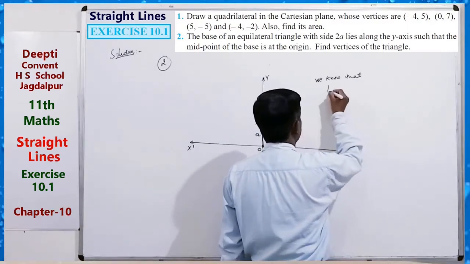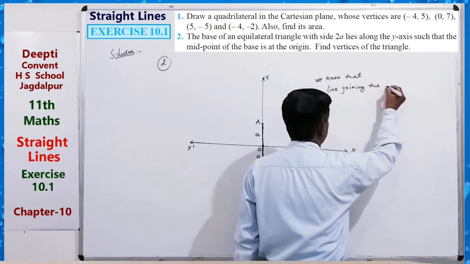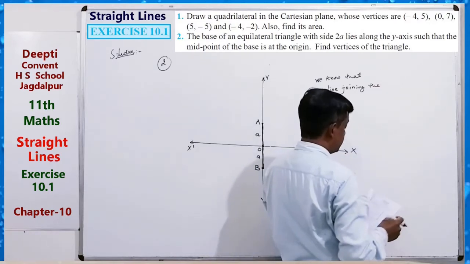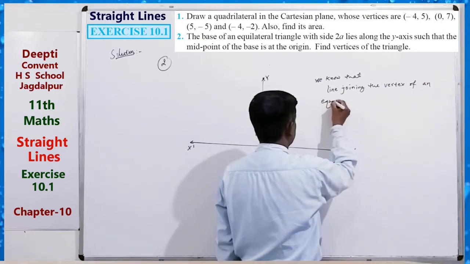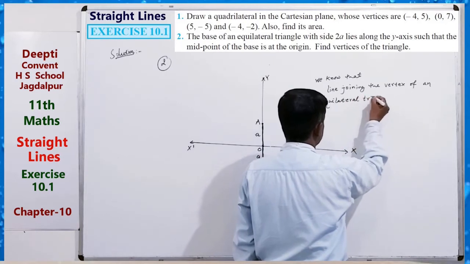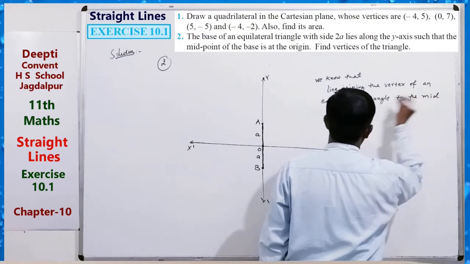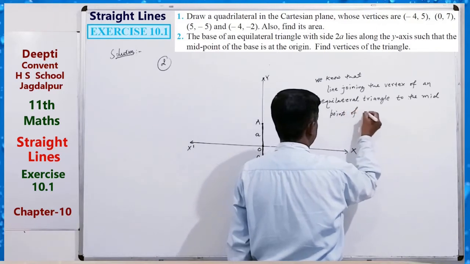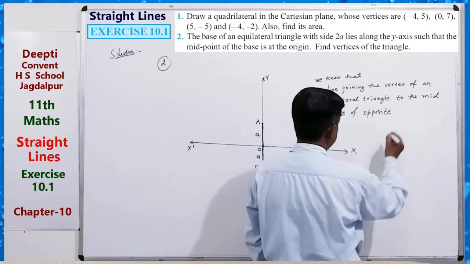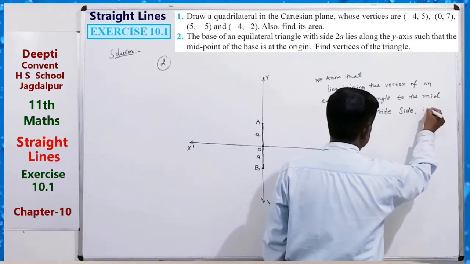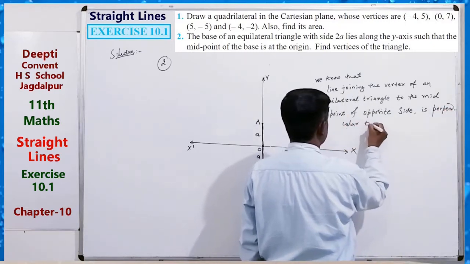We know that the line joining the vertex of an equilateral triangle to the midpoint of the opposite side is perpendicular to the side.